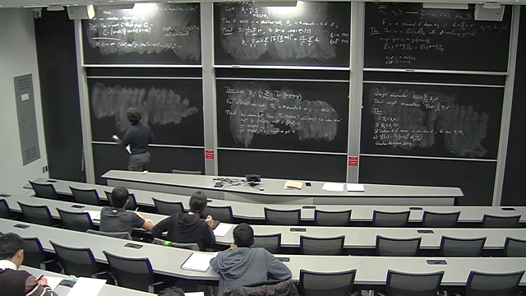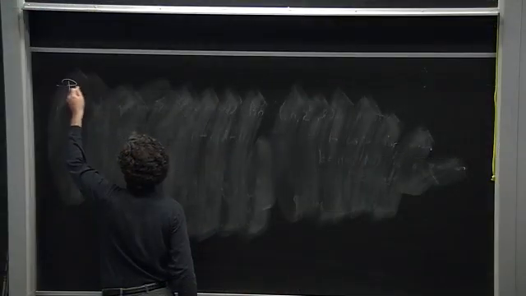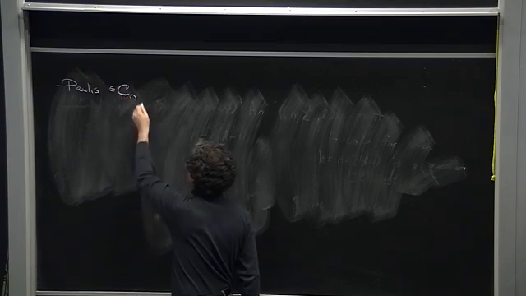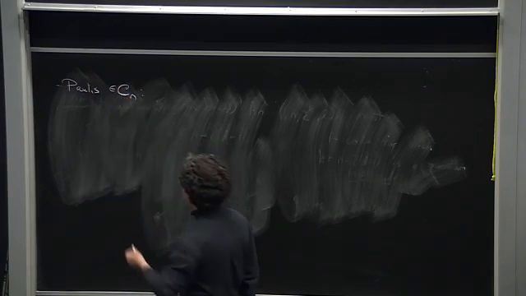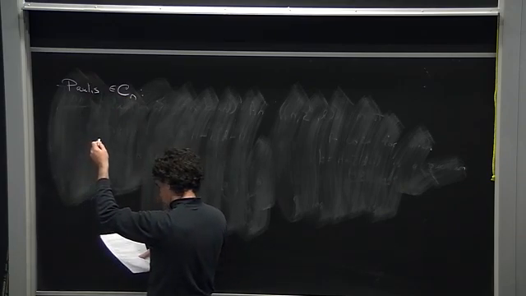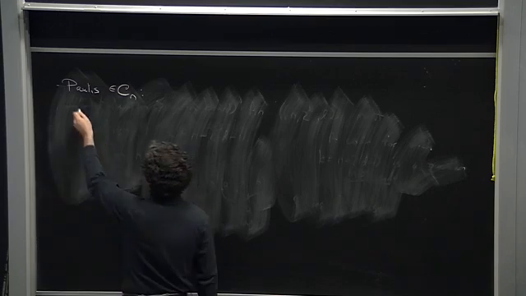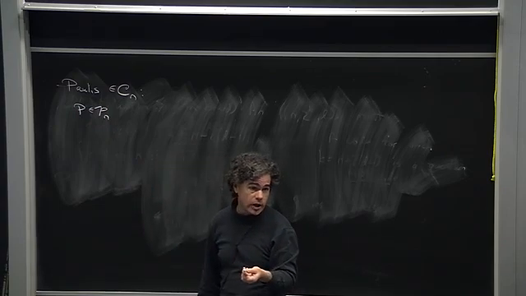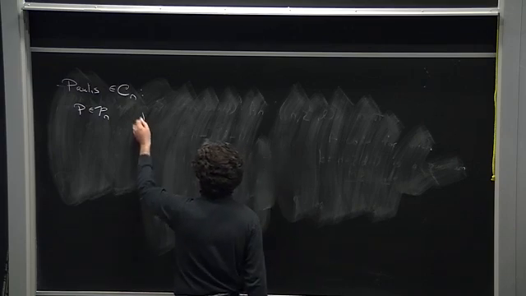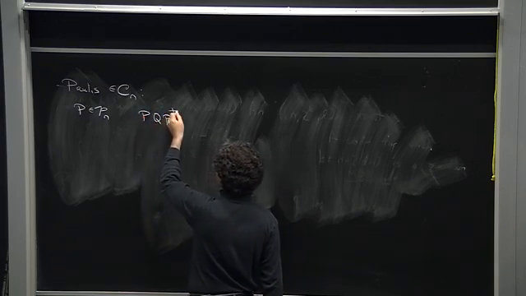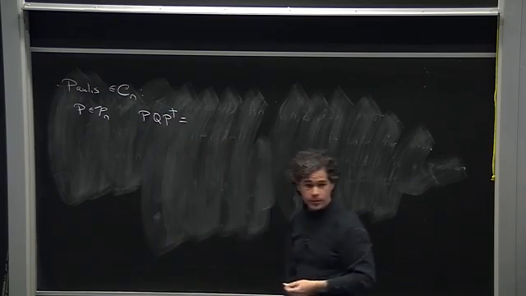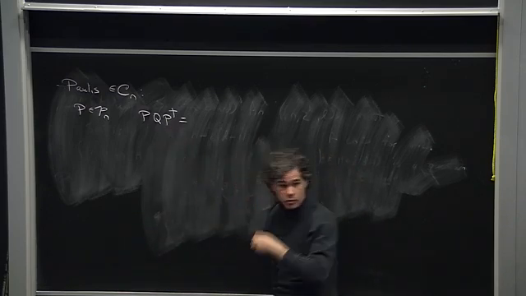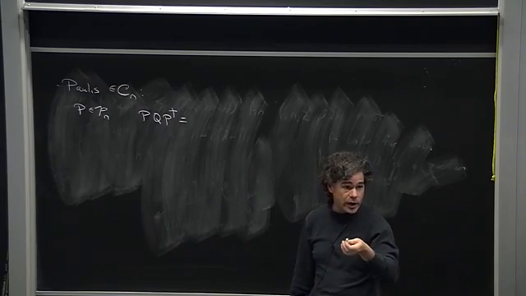So let's start with the Pauli group. So if you have some Pauli P, then let's try conjugating another Pauli Q with it. So P Q P dagger. Well, if P and Q commute, then we can just move the P through. And if P and Q anti-commute, then we move it through with a minus sign.